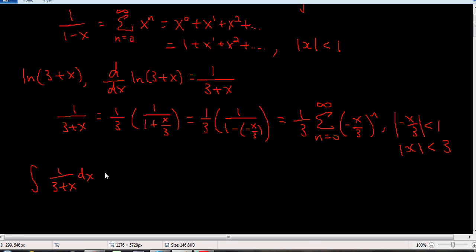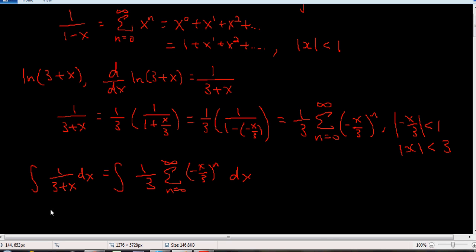So, the integral of 1 over 3 plus x dx is equal to the integral of 1/3 times the sum from n equals 0 to infinity of negative x over 3 to the n. And this is dx, because I'm integrating with respect to x.